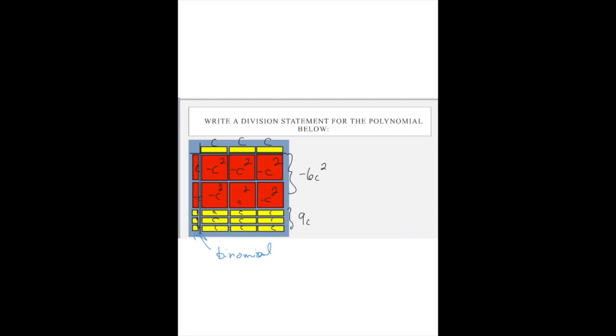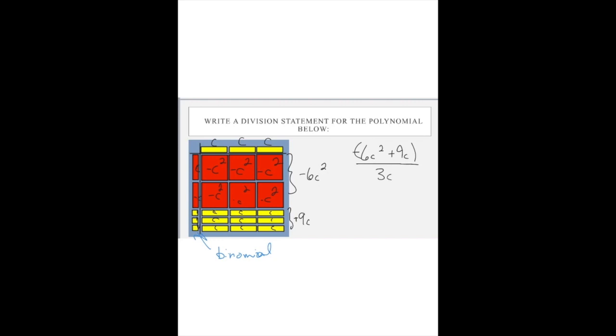So in this situation, our polynomial will be, sorry, I'm just going to switch back to black ink. This is a positive 9, so our binomial on the top will be negative 6c squared plus 9c, and on the bottom we have 3 c's, so that will be divided by 3c.